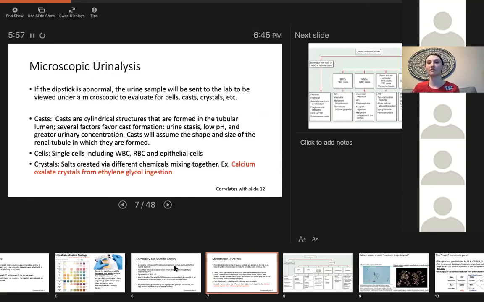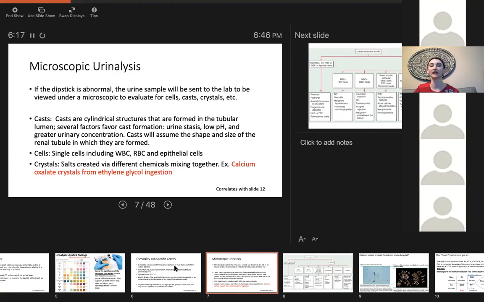If there's an abnormal dipstick, then it gets reflexed to microscopic, which just means it goes to the lab, they spin it and look at it under the microscope. They're going to be looking for cells, white blood cells, red blood cells, casts, as well as crystals.